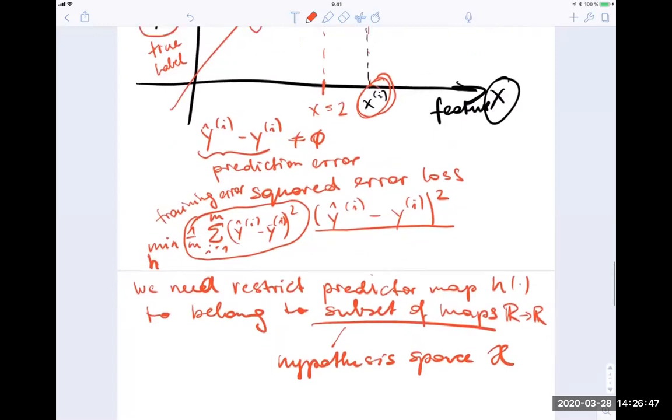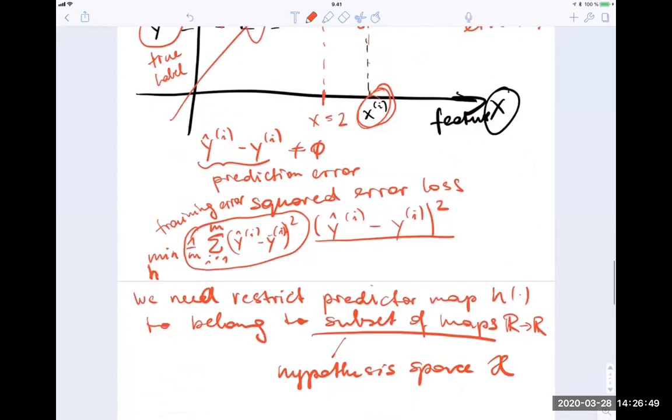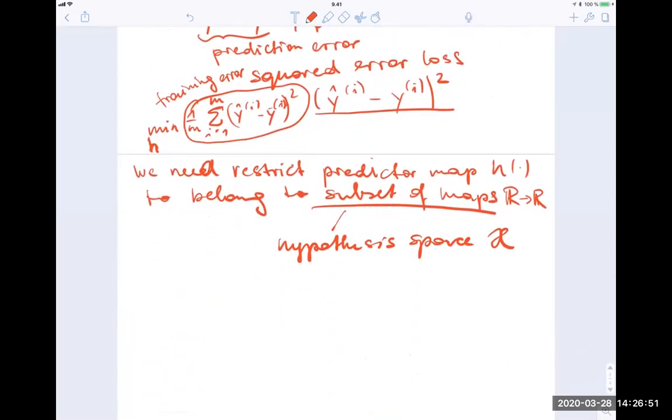There are different choices. One choice, maybe the most simple hypothesis space, is given by linear predictors. So a linear predictor is a map of the form weight times feature.